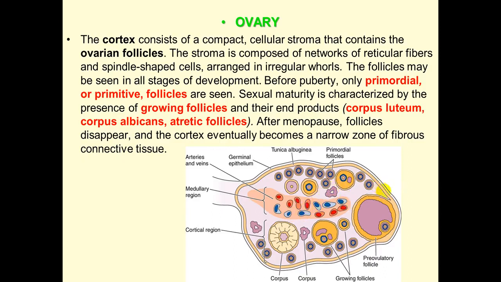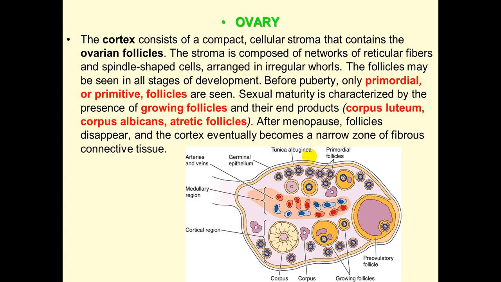Under the tunica albuginea, on the periphery of the cortex, you can see many small follicles, so-called primordial follicles. Then they differentiate into the primary follicles.